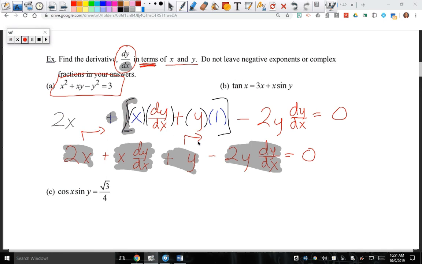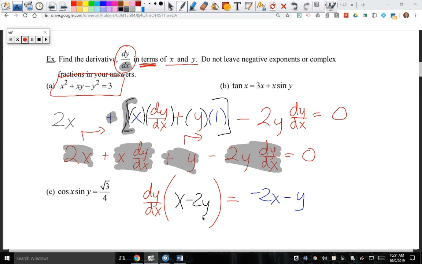So here we go. Subtracting the 2x over, subtracting the y over, and GCF-ing out the dy/dx. Can you tell me what would be left over in parentheses? Yes, x minus 2y.